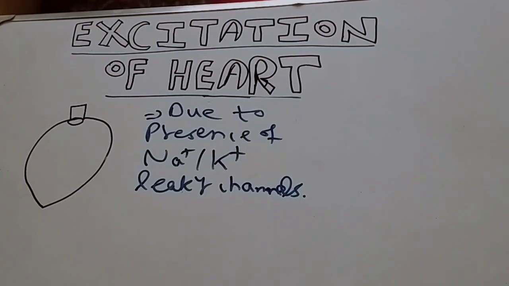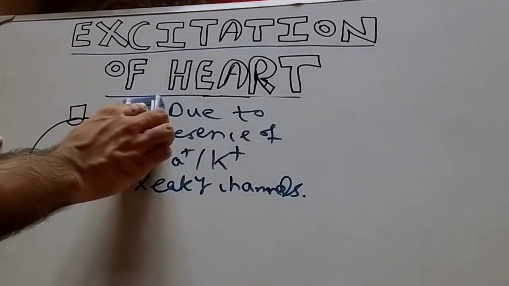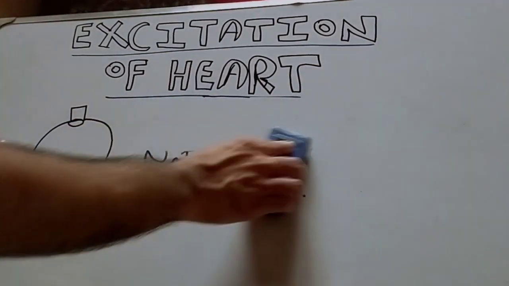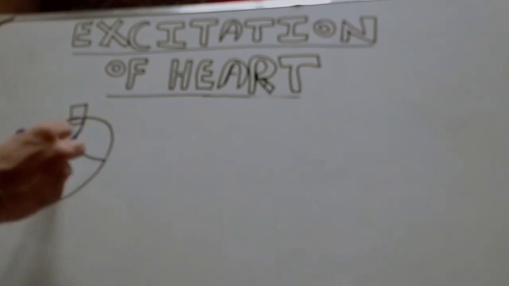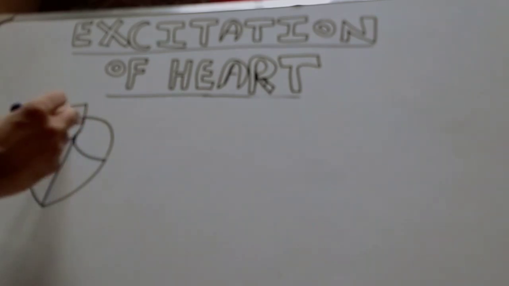Now furthermore, talking about how many impulses the SA node can generate in a minute. So first of all, completing the diagram of the heart, we know that we have two atria and two ventricles. Now the SA node is present here.